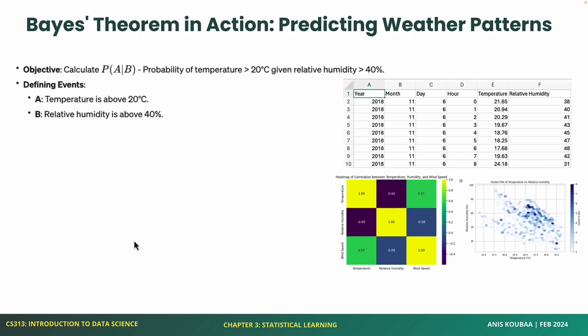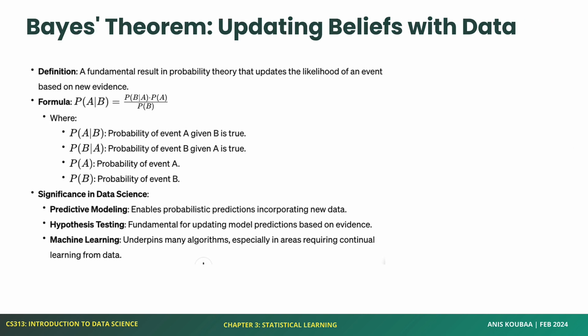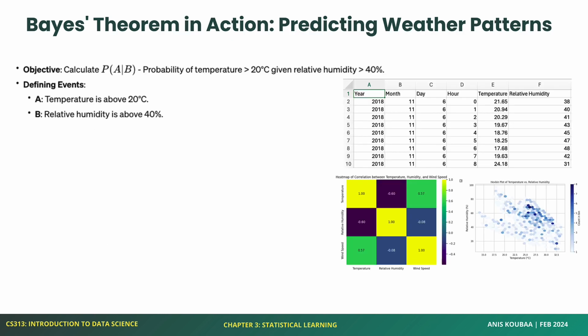Let's try to apply this. Now, this is what you've learned in statistics, but how can I use it in data science? We all remember the weather data set that we have, and we did the correlation. There is a correlation between the relative humidity and the temperature of minus 0.6, and we have a negative slope of the linear regression line between the temperature and the humidity, and we have already made scatter plots around this.